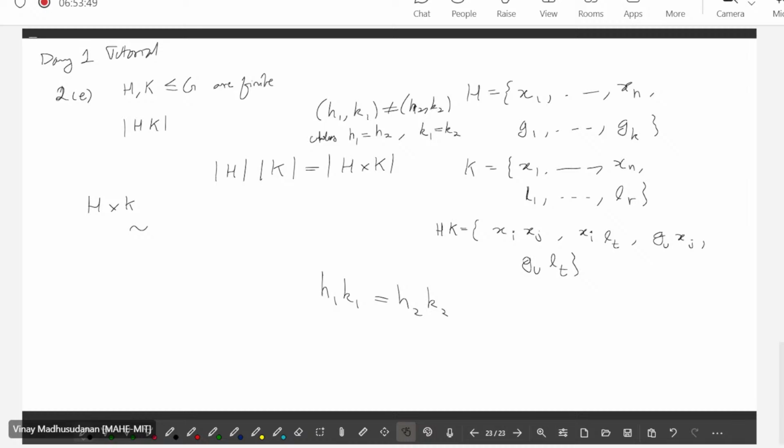But I will define an equivalence relation, in fact, a relation on H cross K as follows. H1 K1 is equivalent to H2 K2 if H1 times K1 equals H2 times K2. Is it an equivalence relation?